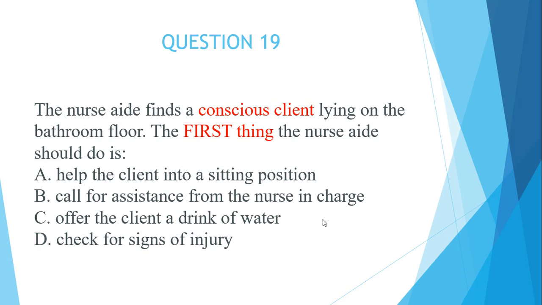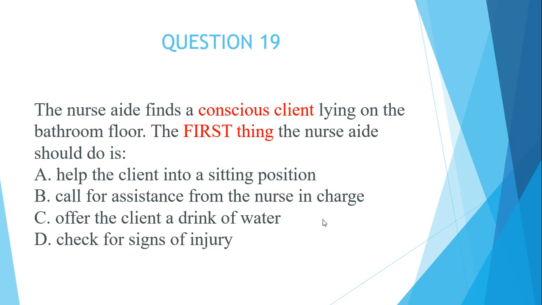Now, A says help the client into a sitting position, B call for assistance from the nurse in charge, C offer the client a drink of water, or D check for signs of injury. The answer is B, call for assistance from the nurse in charge. You don't want to help that person into any sitting position.